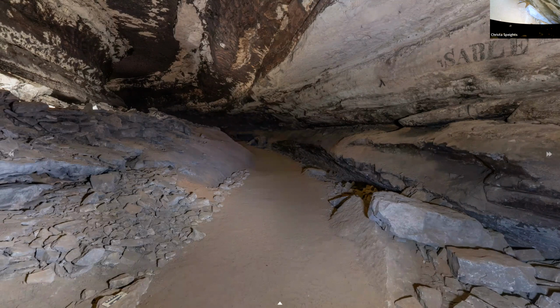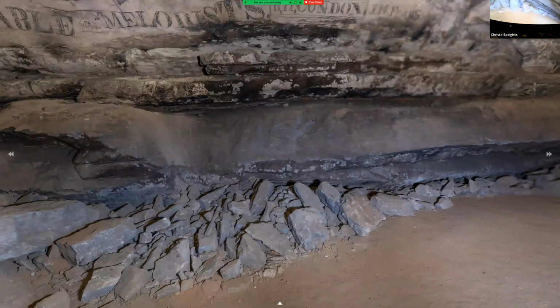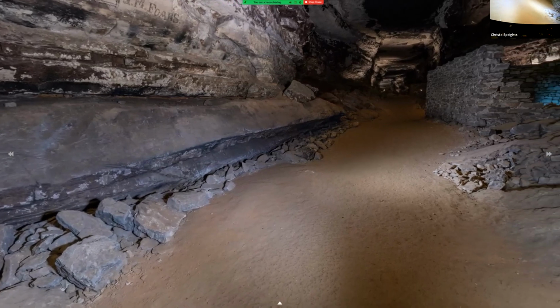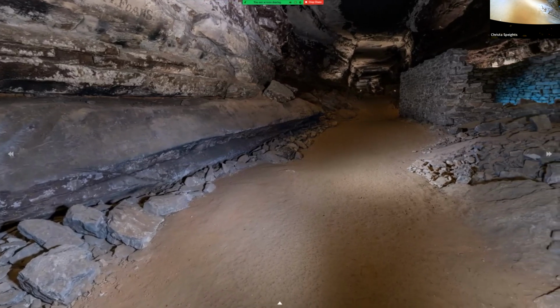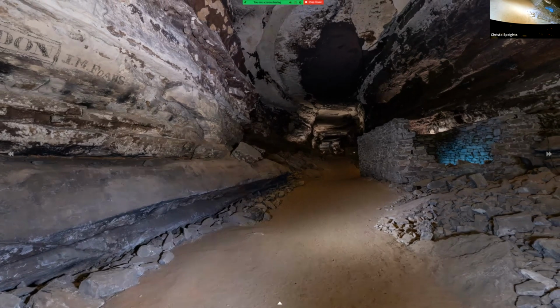So here's just another example of the enormous size of these passages through Main Cave. I'll get a view out through here. And then on the right, now we're looking back out towards the entrance again in Main Cave. And this structure is another piece of evidence from human usage in the 19th century.